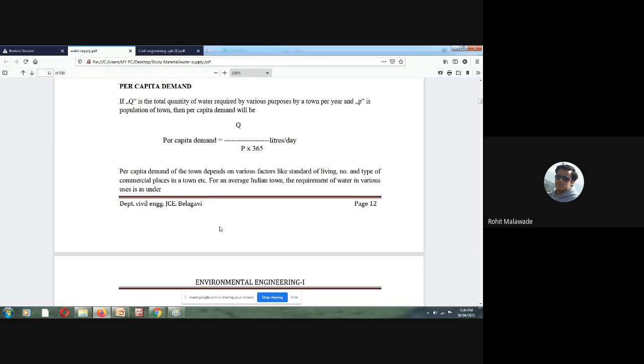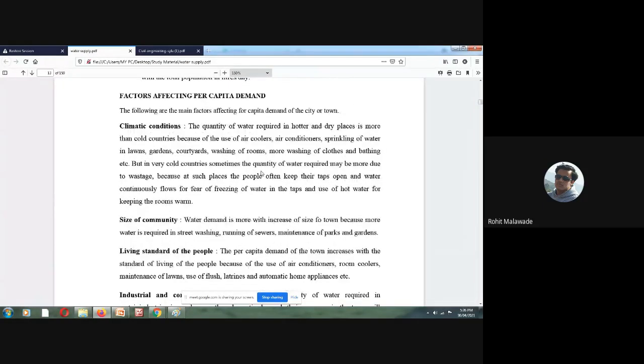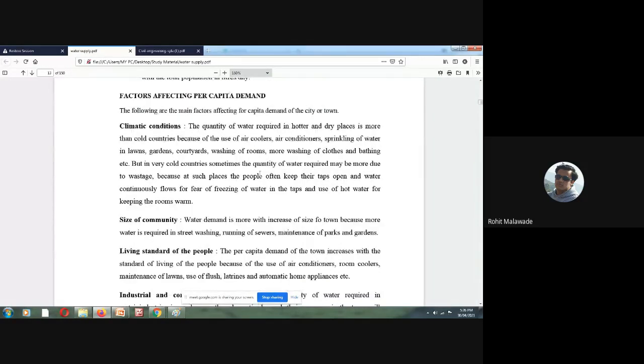Now the per capita demand is dependent on various factors like standard of living and the type of commercial places in the town. So all these things are related. Now we will see the factors that are important in finding the per capita demand.